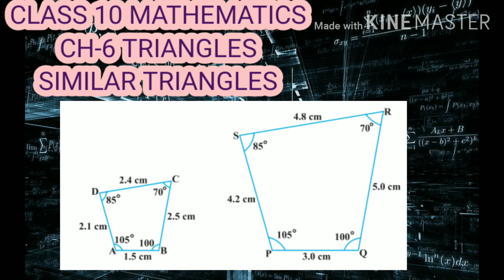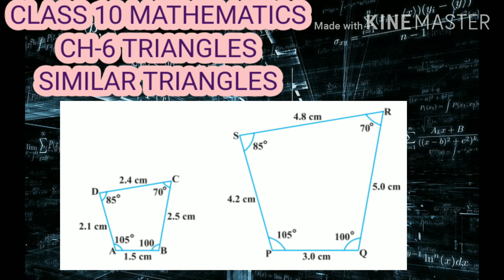If we find the ratio of AB and PQ, it comes out 1/2. Similarly, if we find the ratio of the measurement of sides BC and QR, which are 2.5 centimeters and 5 centimeters respectively, the ratio of 2.5 and 5 is again 1/2.